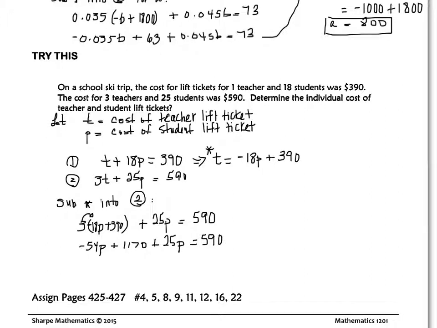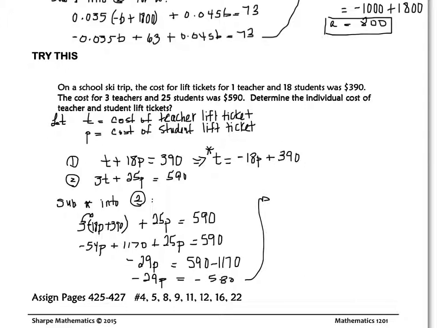And then negative 54 plus the 25 is going to be negative 29p equals 590 minus 1170, because we want to isolate the p term on one side and constants on the other. And when we subtract those two, we get negative 29p equals negative 580.